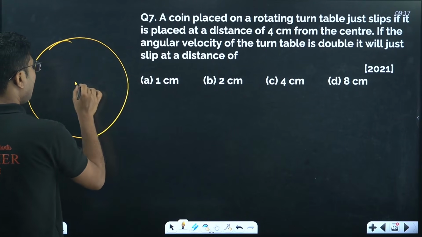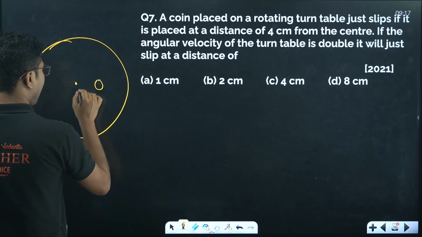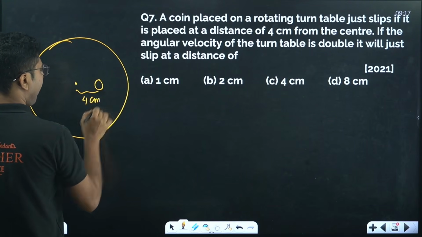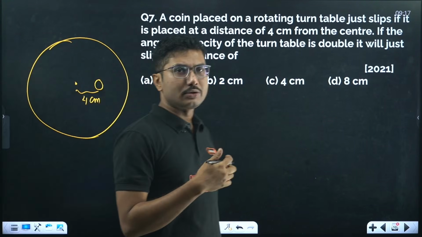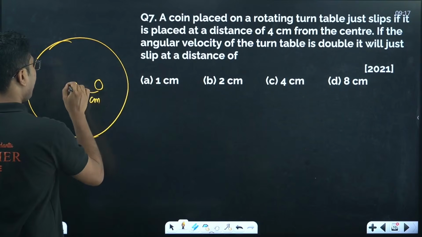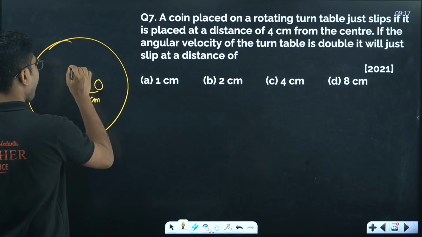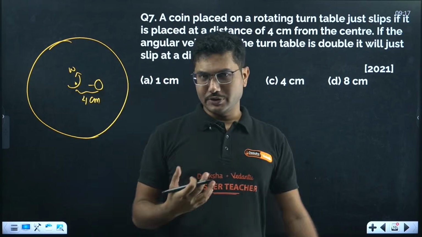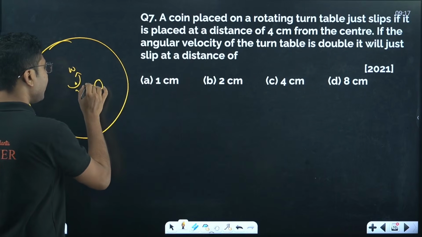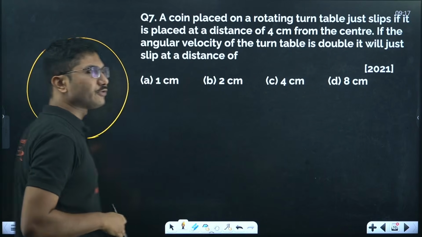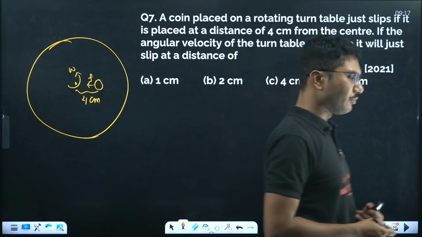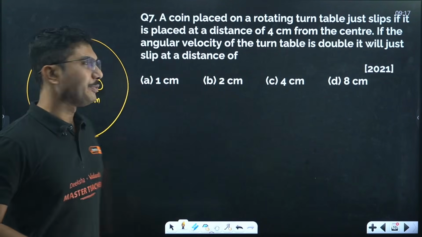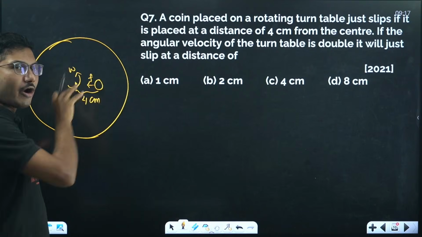So suppose we kept a coin over here at a distance of 4 cm. When the table is rotating with an angular speed omega, the frictional force acting on this coin, which is constant over here, is actually providing the required centripetal force, and when the speed equals omega, the coin starts to slip.